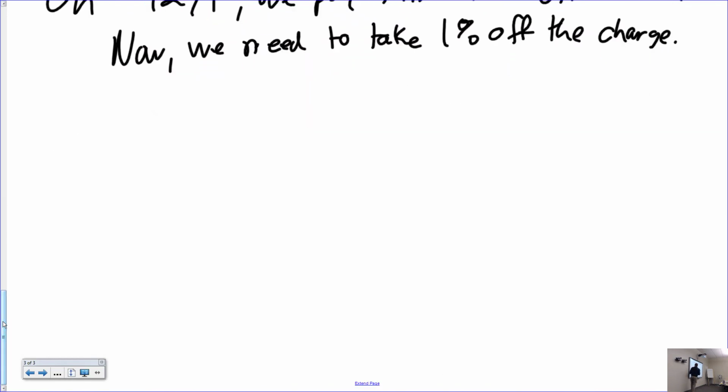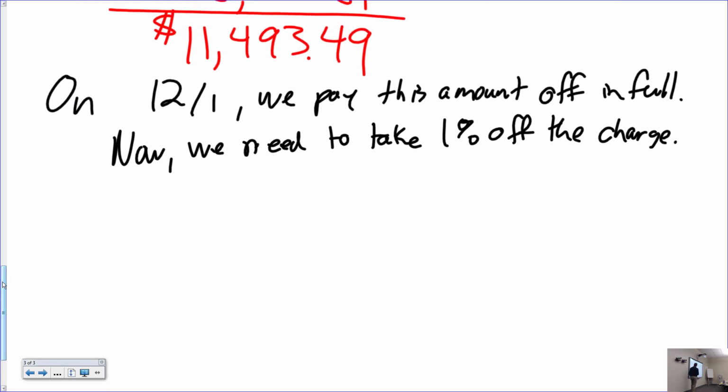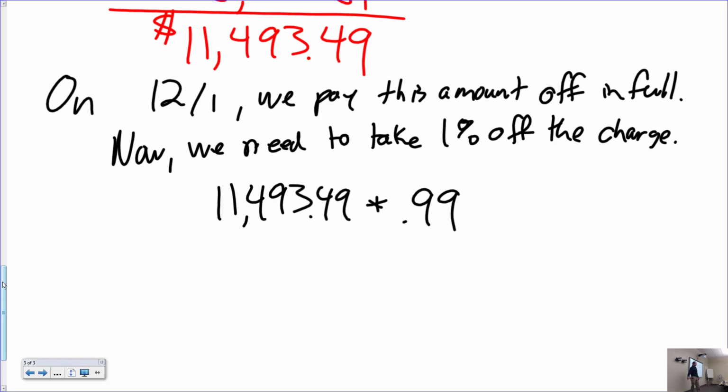So if on the first we still have our 1% window open, we'll just take 11,493.49 and multiply by a regular 1% discount, 0.99.